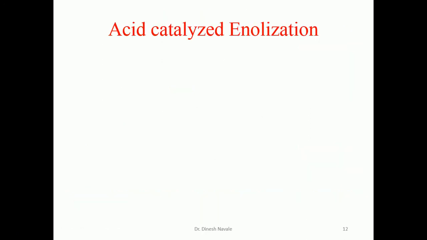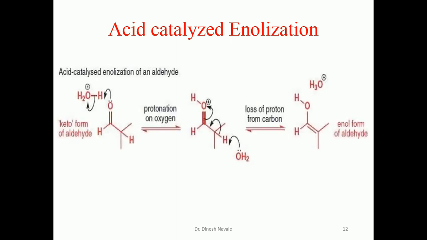There are two mechanisms for enolization. One is acid-catalyzed enolization and the other is base-catalyzed enolization. First, we will see acid-catalyzed enolization, in which the proton from the acid will protonate the carbonyl oxygen.